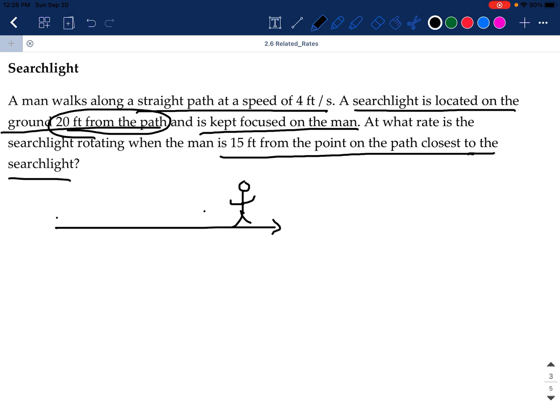The rate at which the searchlight is rotating is when the man is 15 feet from the point on the path closest to the searchlight. The point on the path closest to the searchlight is the straight line distance to the searchlight itself.